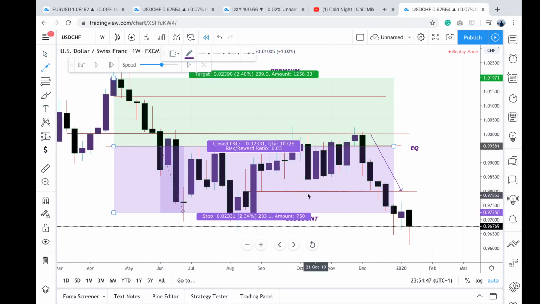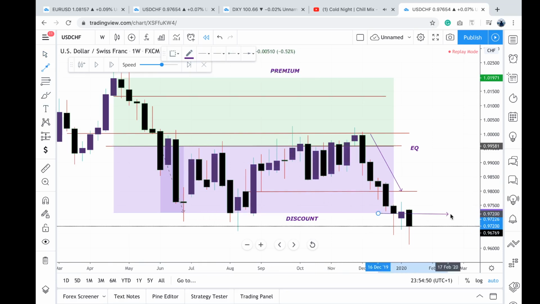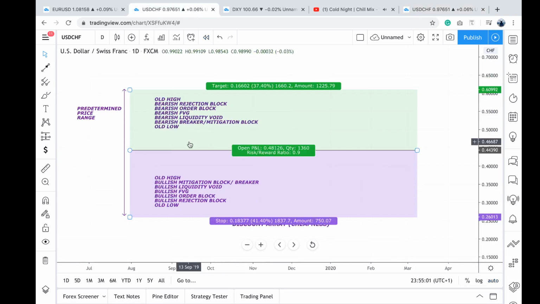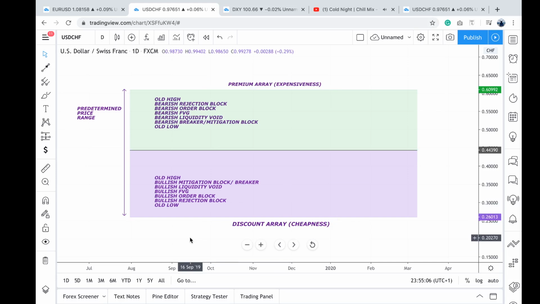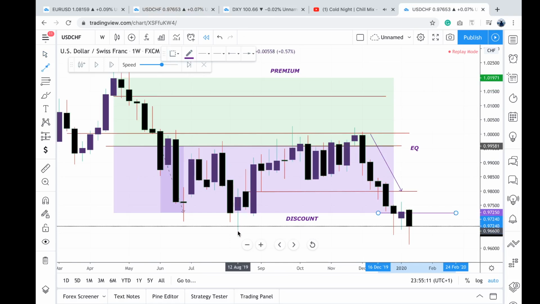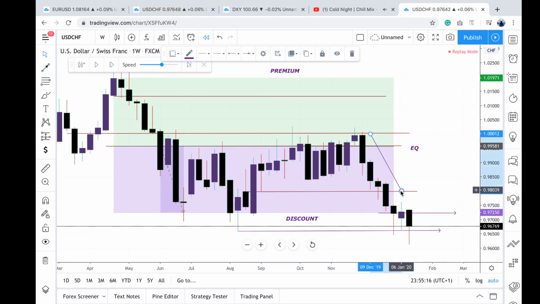So price trades through this discount bullish order block, and then the ultimate swing, the last one we're going to reference in terms of institutional reference point on a discount basis, would be old low. That comes in the form of this last bullish week, and that will be our ultimate target projection in line with institutional order flow.